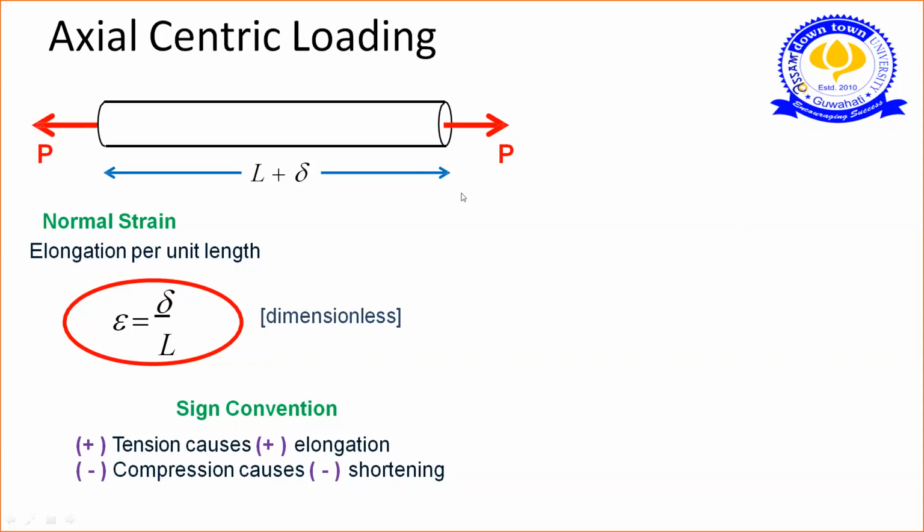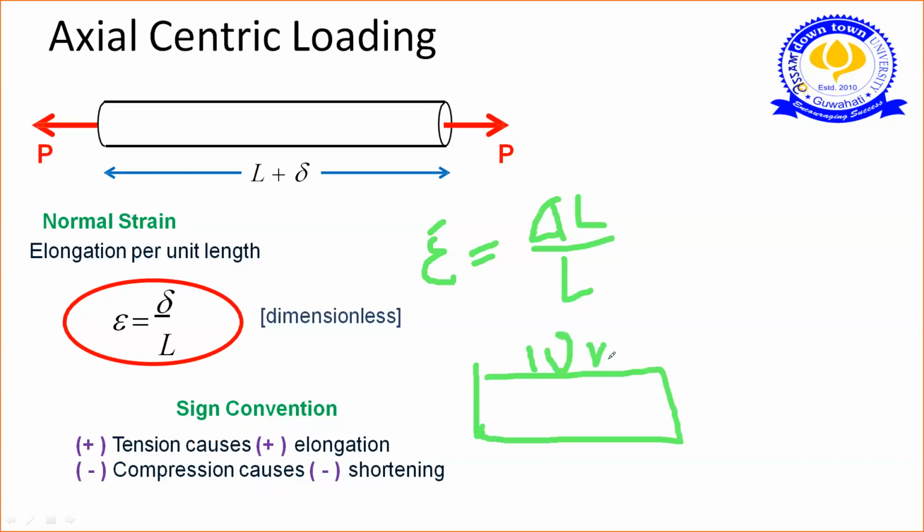Strain is only the length part: how much change there is, or you can write it this way, change in length by original length. Suppose I have given you a rope, a 10-meter bar.